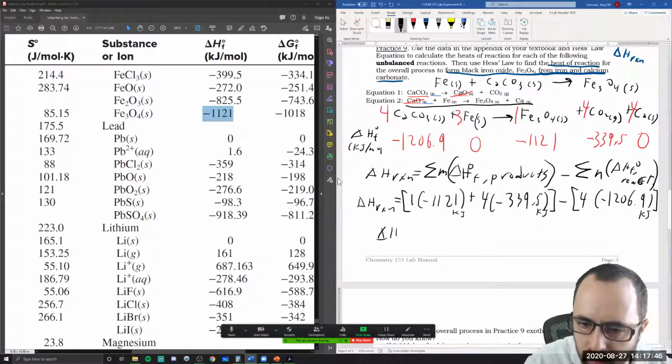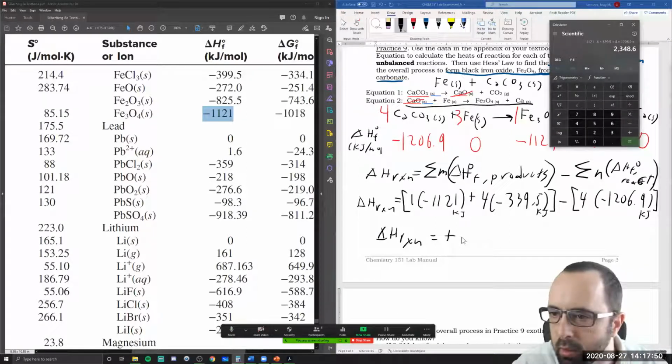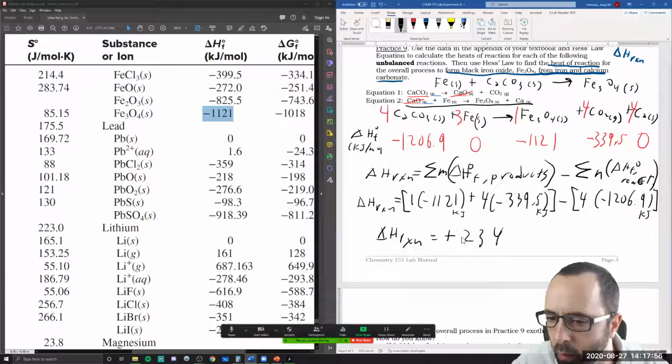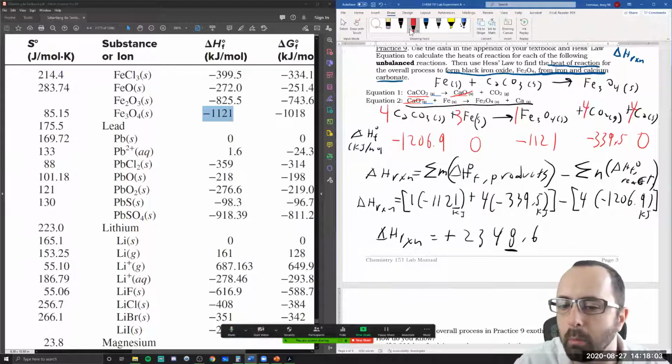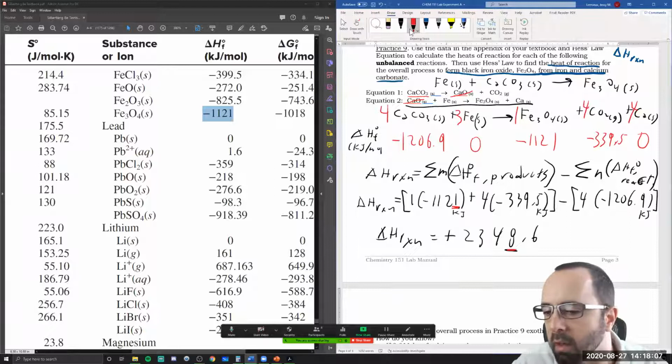So delta H of the reaction is positive 2348.6, and the last sig fig is at the ones place because we added something where the last sig fig was at the ones place. This one was only good to the ones place, so our result's only good to the ones place.